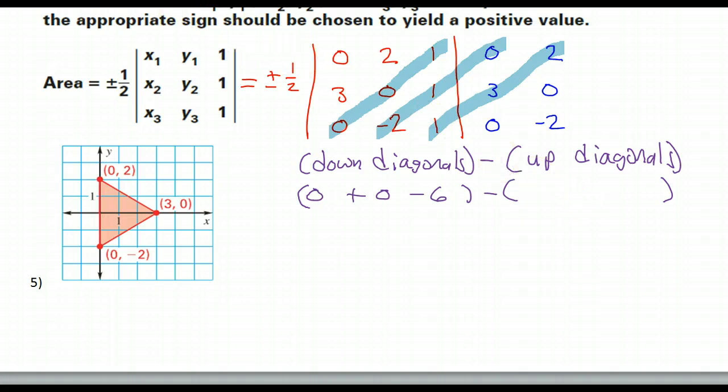Let's write those down. The first up diagonal is going to be 0, right? 0 times anything is 0. The second, again, is going to be 0, because of this 0 right here. The third is going to be 6.